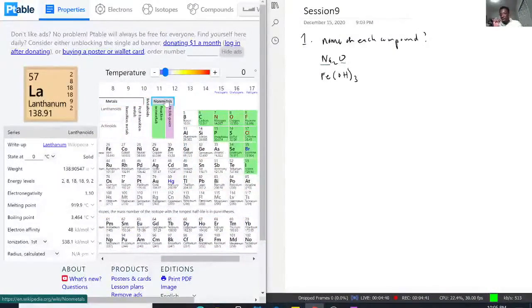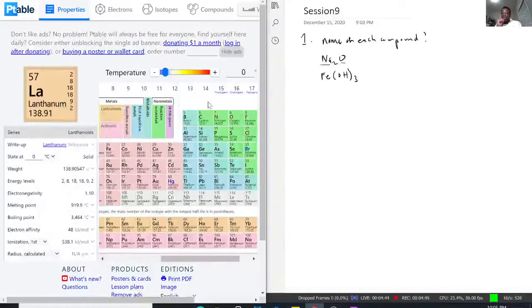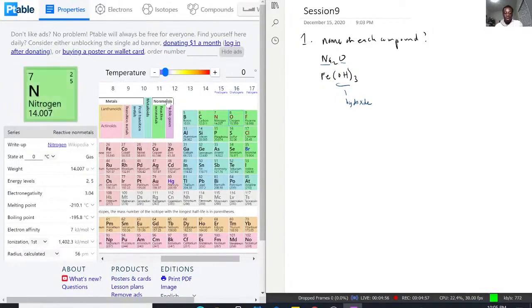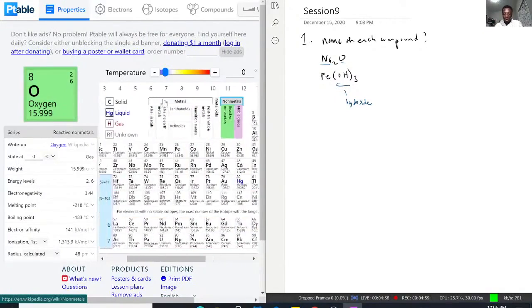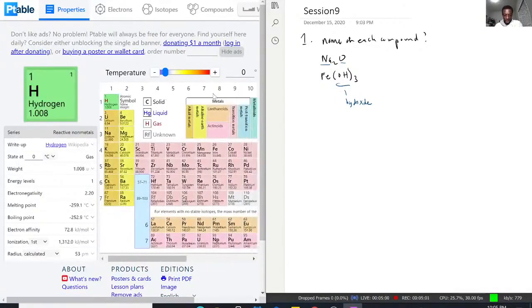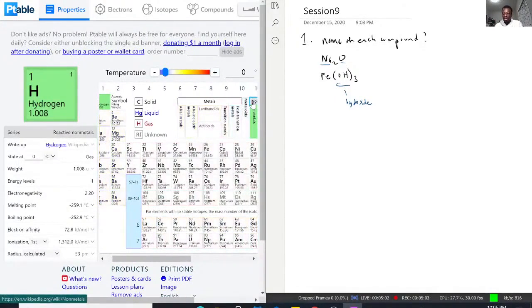And even look at the Fe. Actually, we're not going to look at that one because OH3 is considered hydroxide, because it's OH3, would also be, if you hover over the non-metals, we have oxygen, which is a non-metal. But we also have hydrogen here when it's highlighted, indicating that it's also a non-metal.